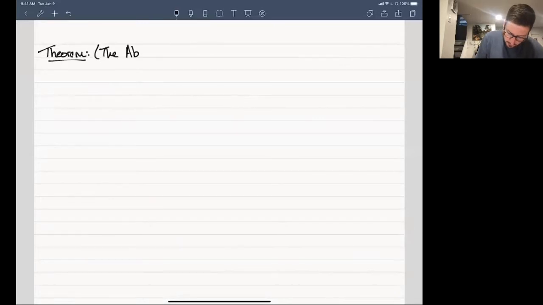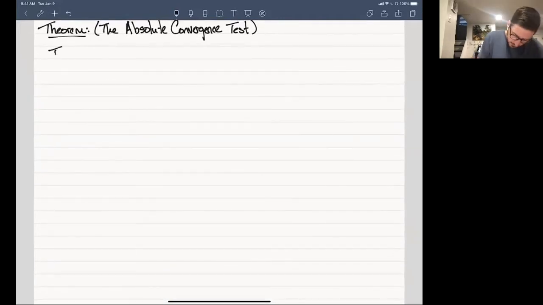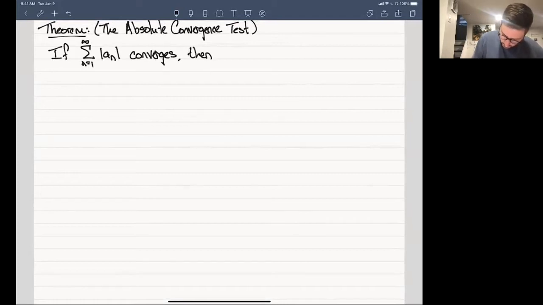And here's what it says. If a sum of absolute values converges, then the original sum converges as well. Then the sum from n equals 1 to infinity of a_n converges too.